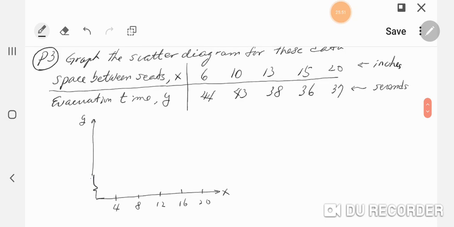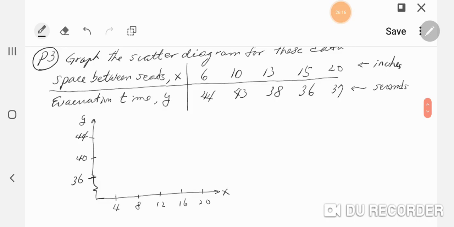So let's start the y value. Y value starts from 36. Okay, 36, and then 40. Here 44. Let me put more space. Starting from 36. Here it is 40. Here it is 44.